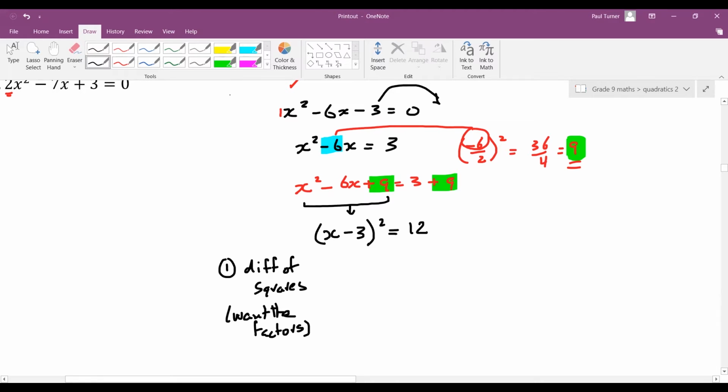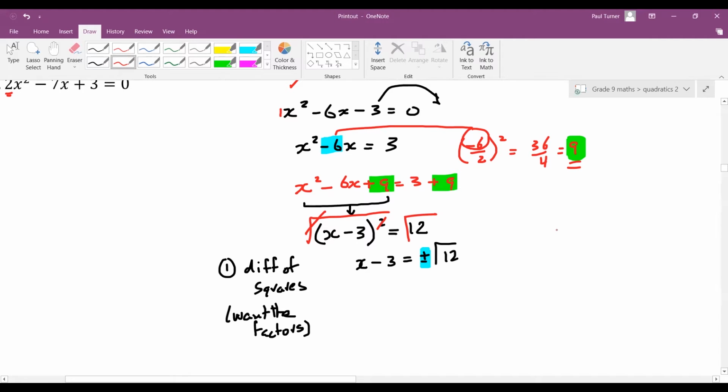So in this case, remember, we've got a square. The first thing to do is get rid of this square. And by doing that, we square root both sides. Remember that from last week? And the square root will cancel out the square. So we're left with x minus 3 equals plus or minus root 12. That's important. Don't forget this plus minus, because we have 2 solutions when you square root 12.